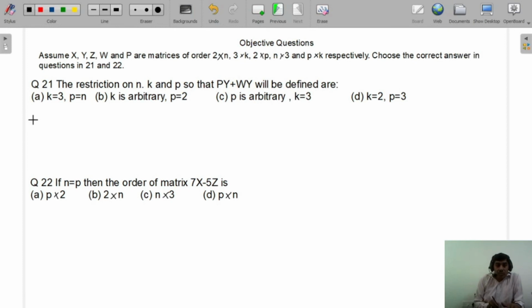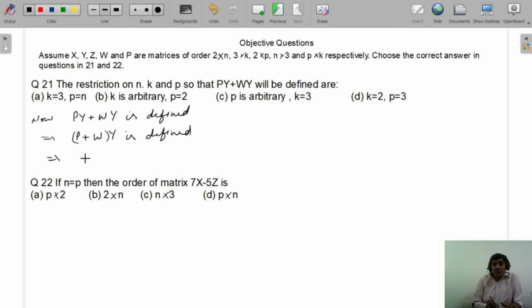Now, PY plus WY is defined. This implies (P plus W) into Y is defined. This implies order of P is equal to order of W, because their sum is defined only when their order is equal.